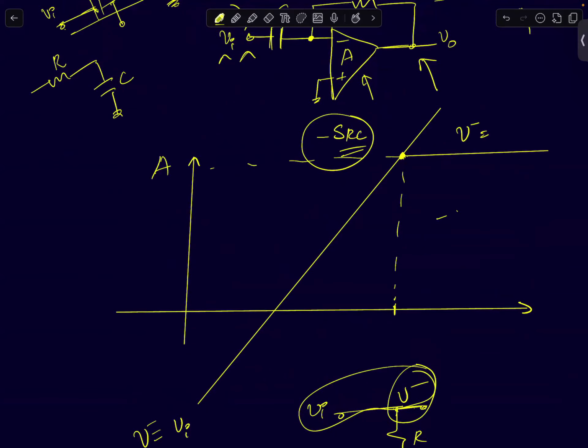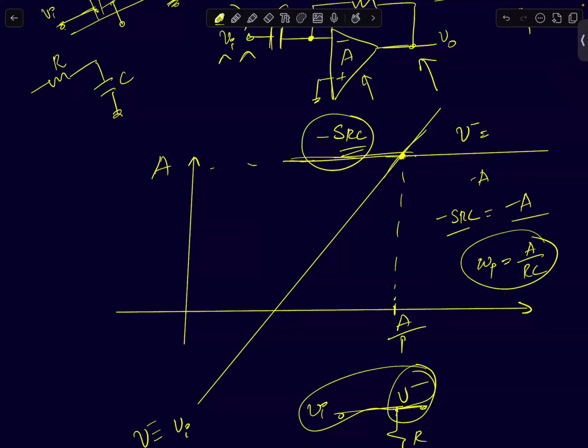At low frequencies, the gain is minus SRC. At high frequencies, the gain is A. I can equate the two gains and figure out at what point these two curves intersect. Approximately, that will be the point after which the gain flattens out. That will be A by RC.